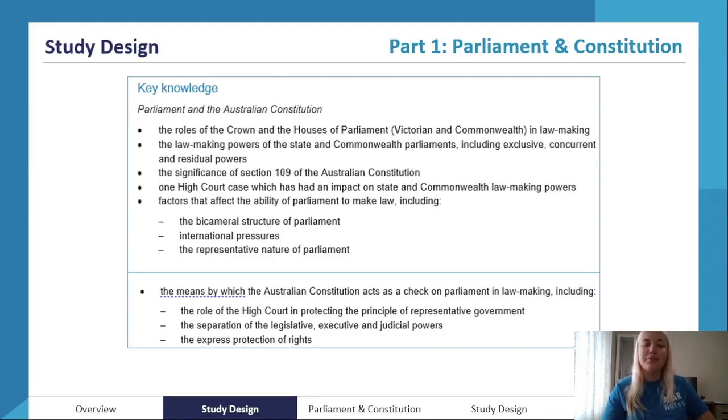International pressures. So, consider international events such as terrorism or the COVID-19 pandemic. We'll be using COVID as the example for this one. And the representative nature of Parliament: the fact that we have regular elections and members of parliament must be representative of the people's views.